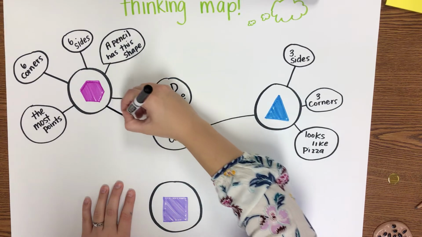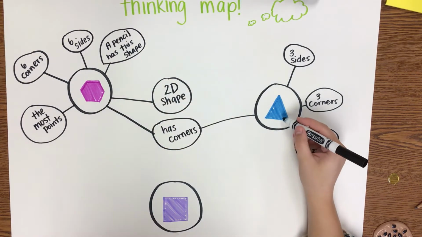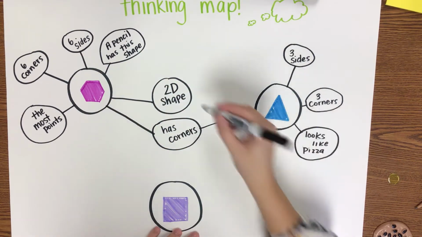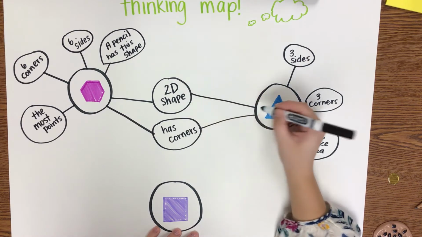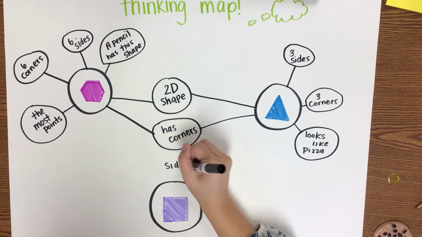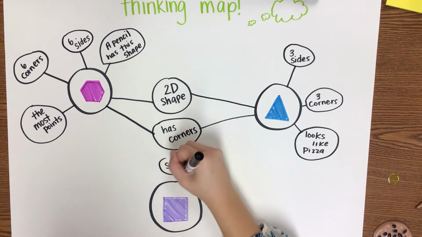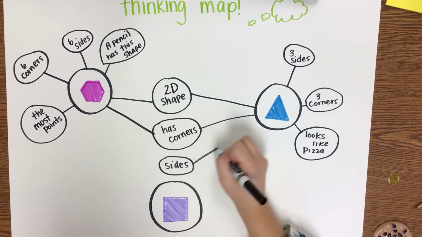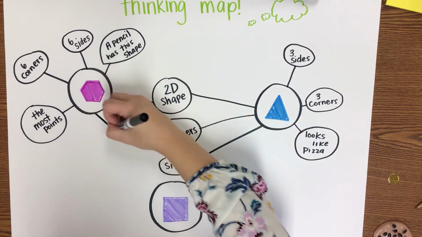It does, so we can connect them there. Isn't our triangle a 2D shape? It is, so we could connect it there. What about sides? It has sides, doesn't it? Even if they have different numbers of sides, triangles have sides, and so do hexagons.